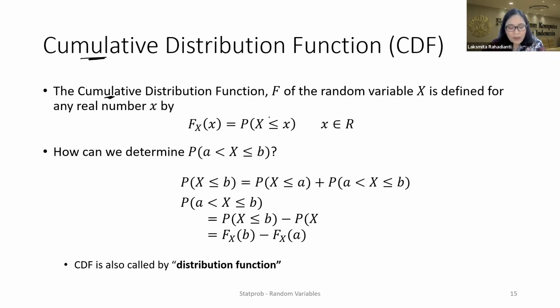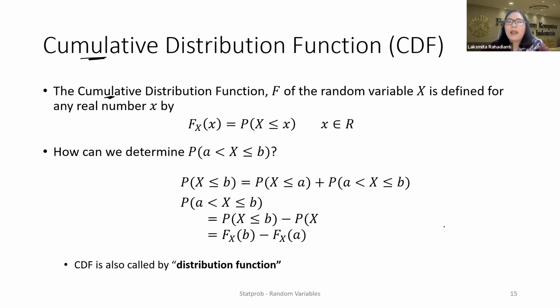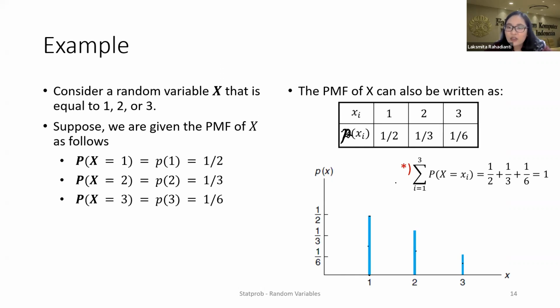So no longer am I talking about exact probabilities at each exact value. Now, when I say F(x), it means what is the probability of my random variable, large X, being less than or equal to a certain number. So in this case, I could translate this PMF into a CDF.